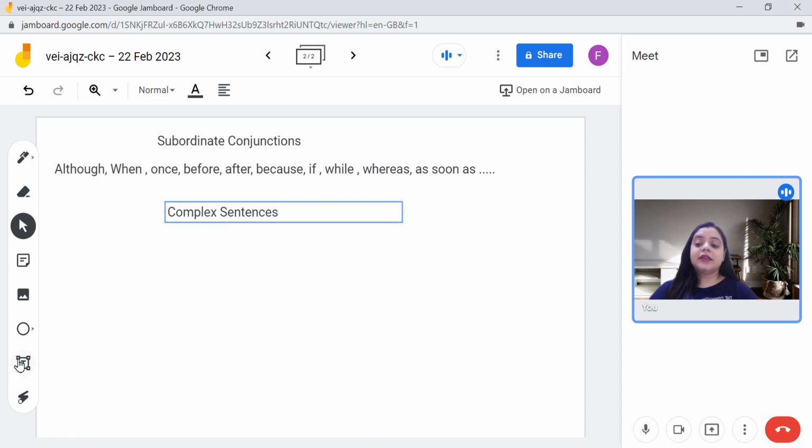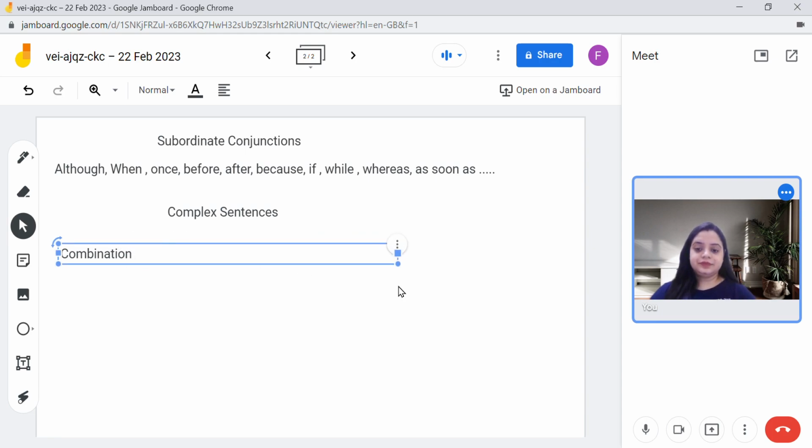These are nothing but a combination of independent and dependent clauses. Like I said, by this time you are aware of what independent and dependent clauses are. Now the idea is just to combine them to make complex structures.